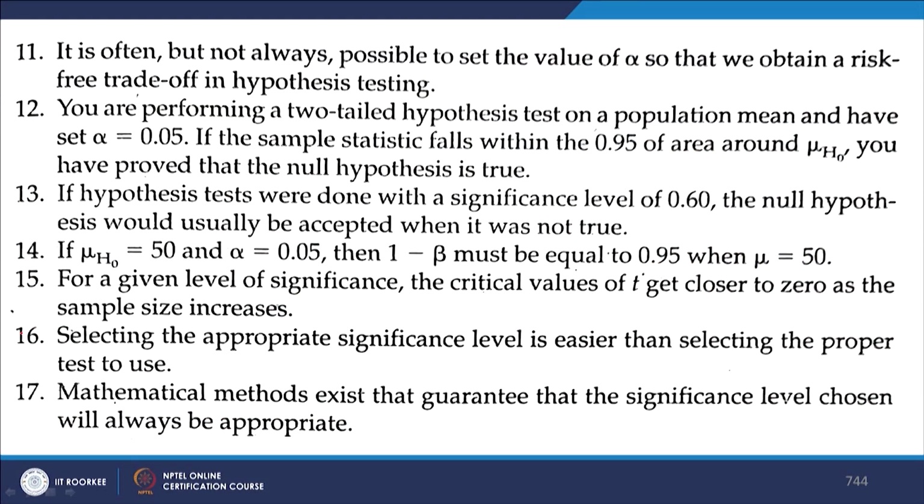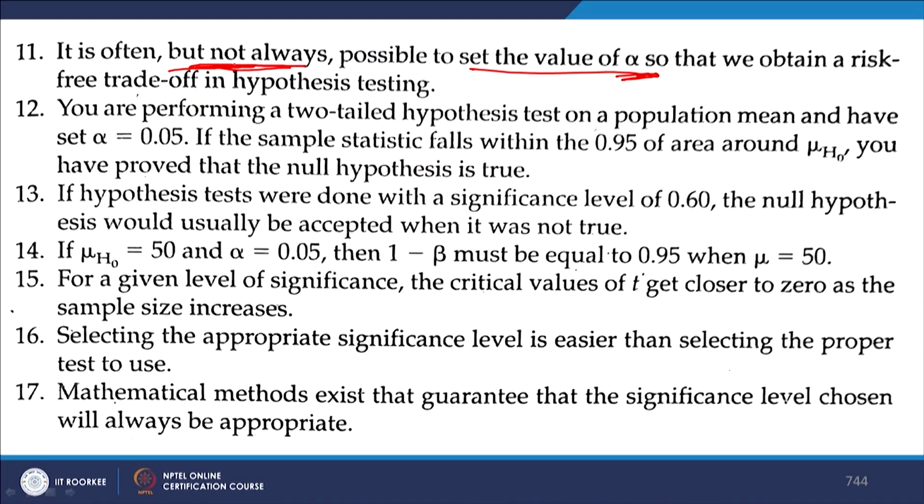Let us look at the next one. It is often but not always possible to set the value of alpha so that we obtain a risk free trade off in hypothesis testing. Generally, we set the value of alpha in the second step, before deciding whether to use a t test or z test.